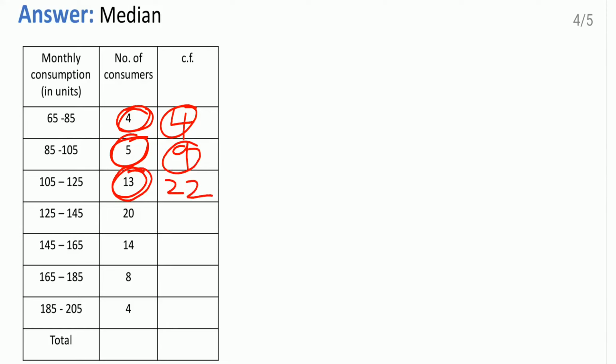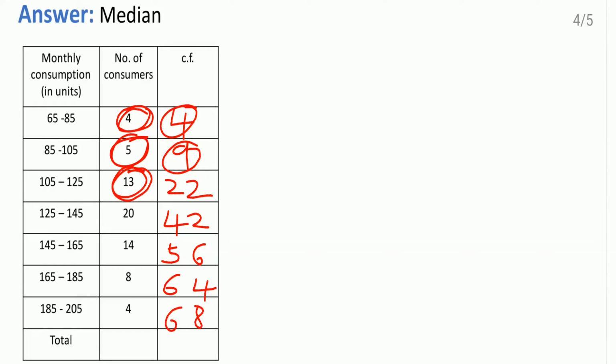Okay? Then less than 145. So 22 plus this 20 will come as 42. Then less than 165. 42 plus 14, so this one is 6 here. This is 5, 56. Less than 185. So 8 I will add. 8 and 6, 14. Here 64. And finally 68.